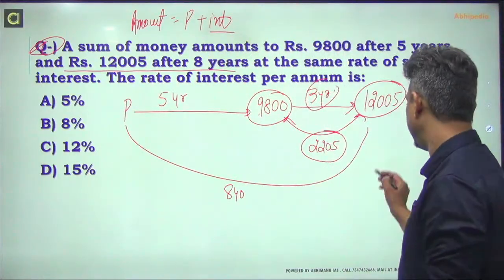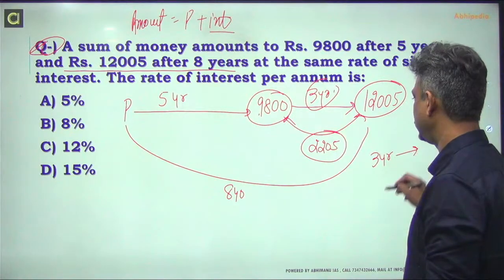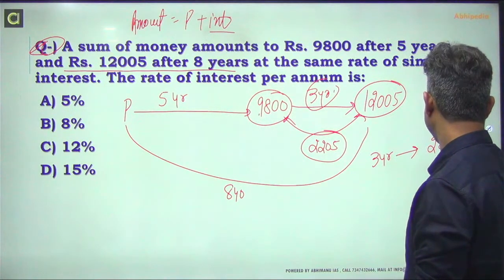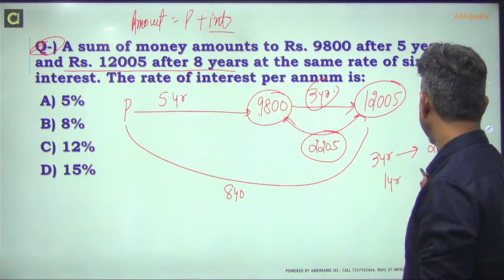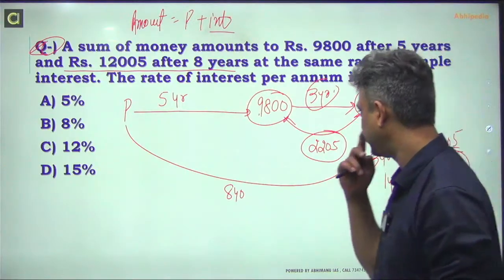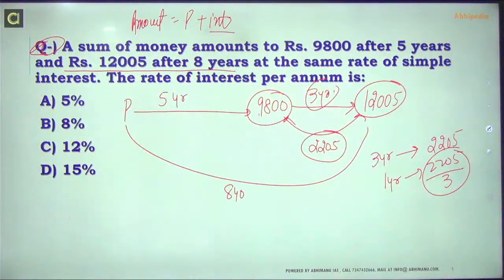So in 3 years we are getting 2,205 as interest. So in 1 year, we are getting 2,205 divided by 3. How much? Just tell me.